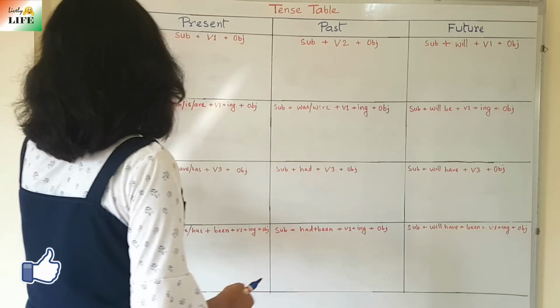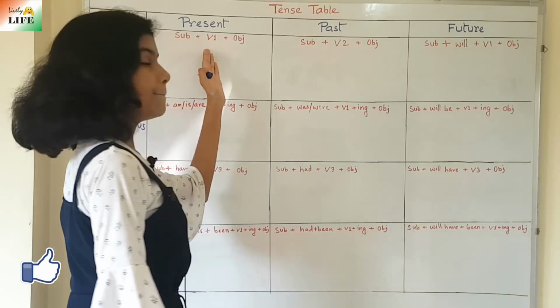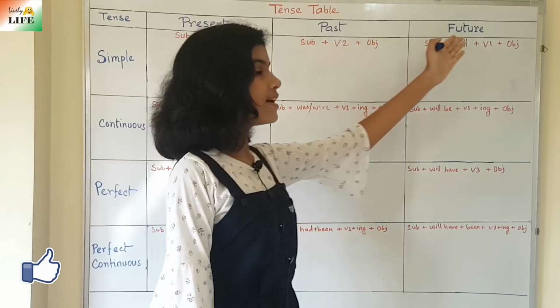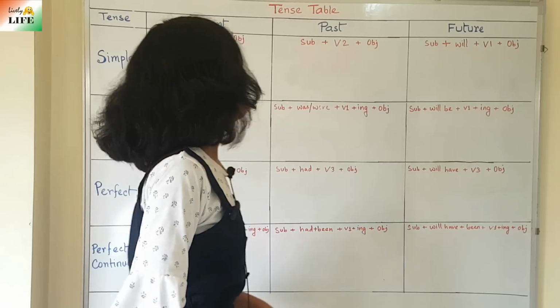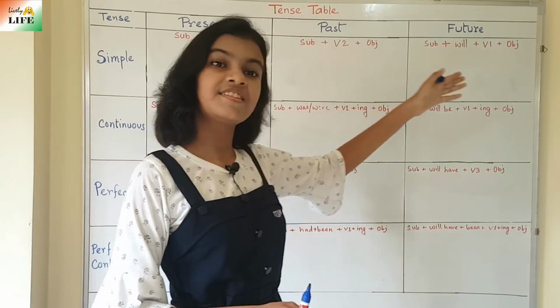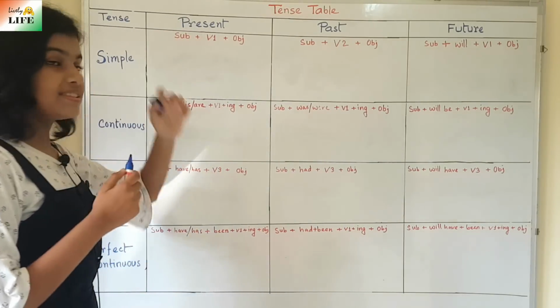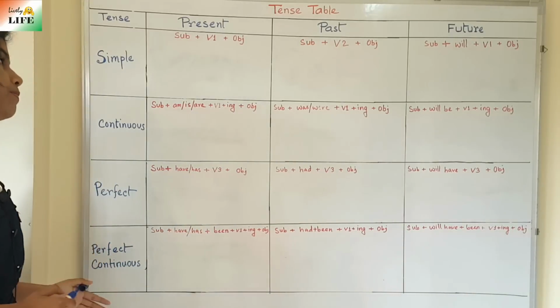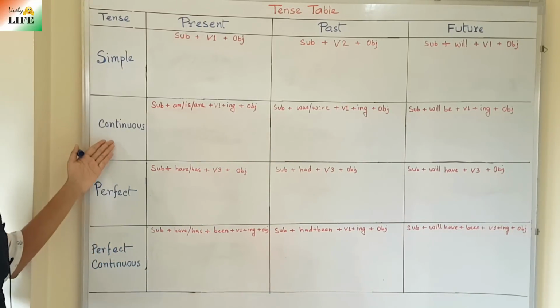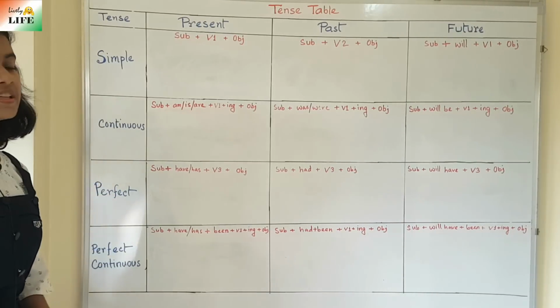First, tense is divided into 3 parts: present, past and future. And again, these 3, present, past, future, are divided into 4 parts. Like present is divided into these 4 parts: simple present, present continuous, present perfect, present perfect continuous.